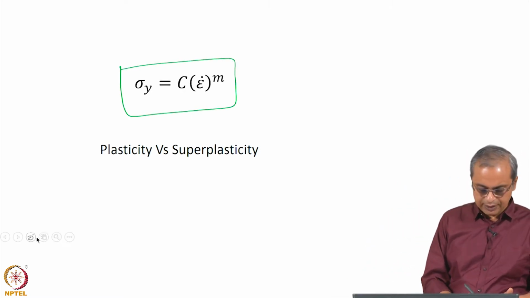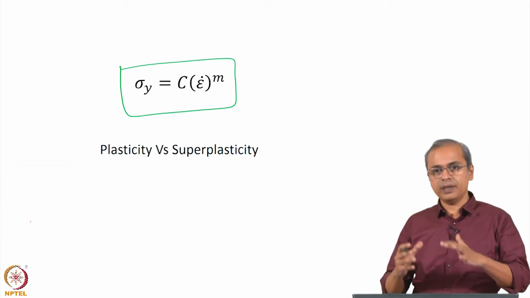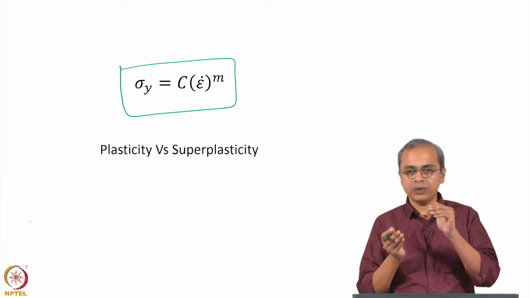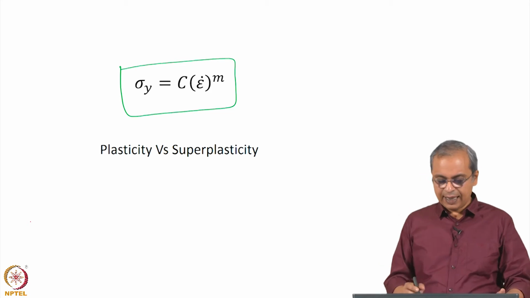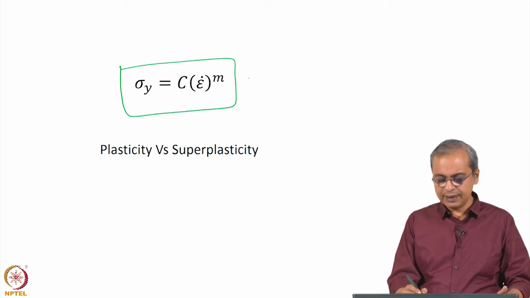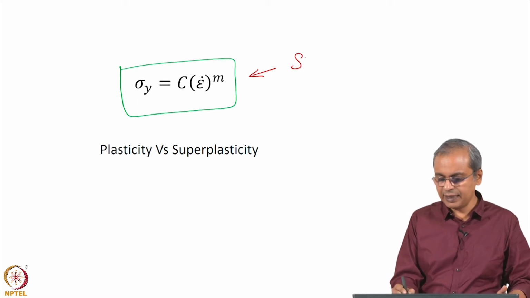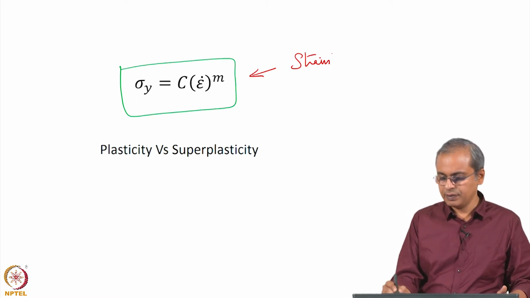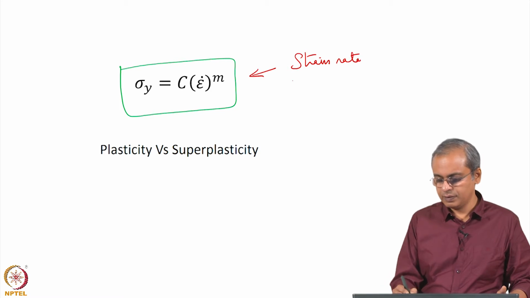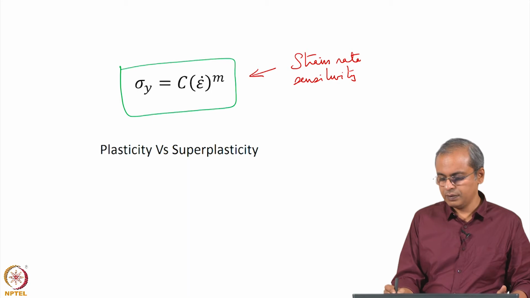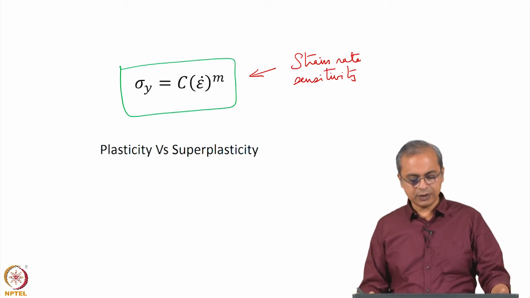So, this equation captures how different samples are responding to these differences in strain rate, and this is referred to as the strain rate sensitivity. This brings out what is called the strain rate sensitivity.